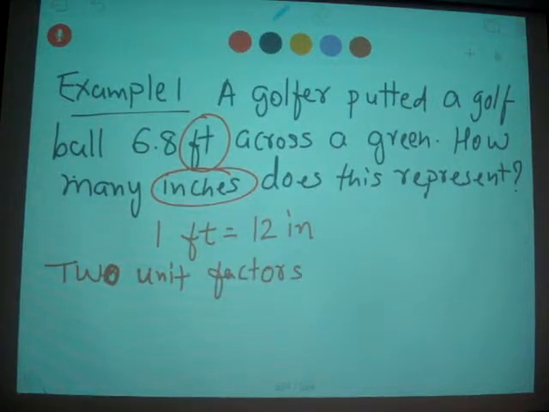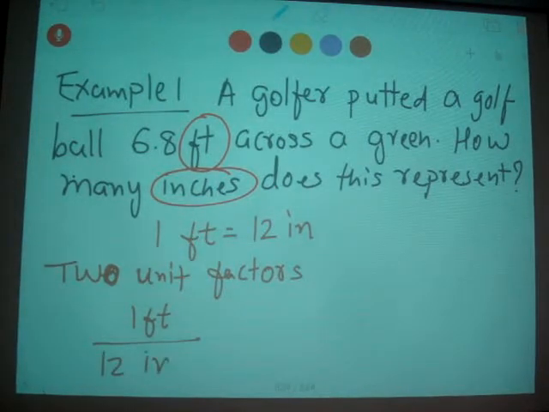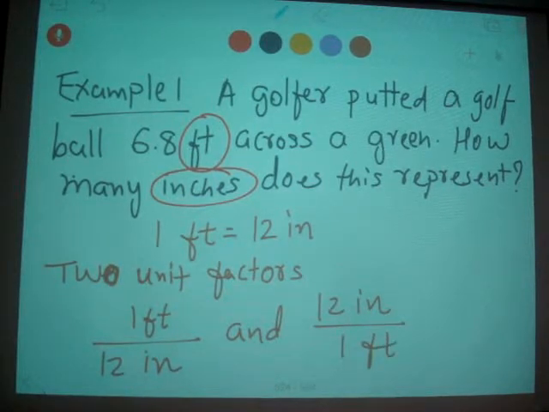First we need to write unit factors, and then I will explain how we use those unit factors. We can say 1 foot on the top and 12 inches on the bottom, and 12 inches on the top and 1 foot on the bottom.